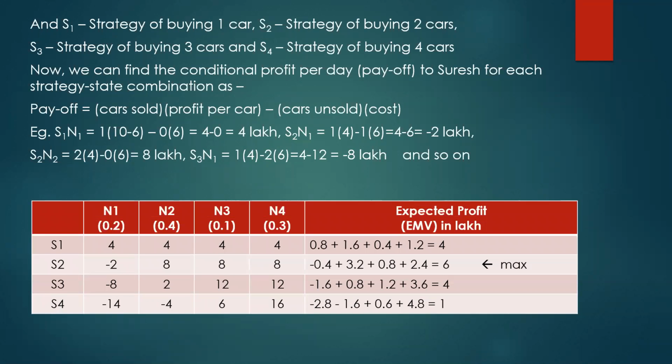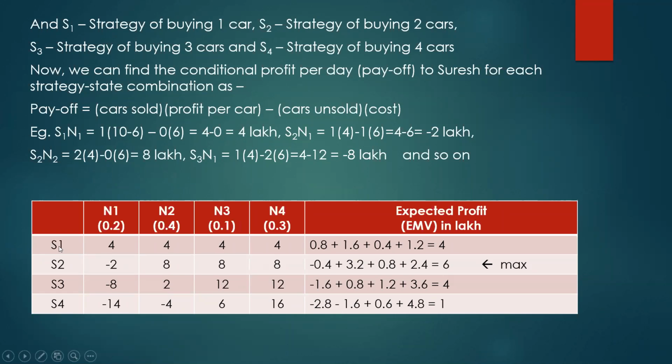Once you do the calculation, you'll find that your table looks like this, and that's my calculation for your EMV. So if I write this whole table, I'll put S1, S2, S3, and S4 as my strategies. Then you put your N1s along with the probability given to you, that is 0.2, 0.4 for N2, 0.1 for N3, and 0.3 for N4. Now, these are the values which we have calculated.